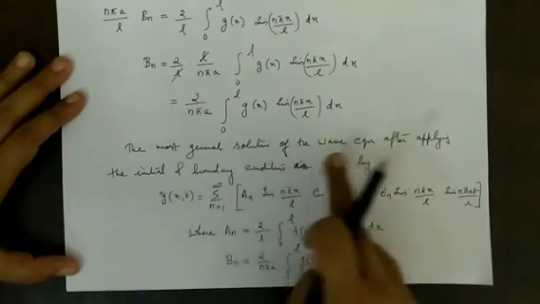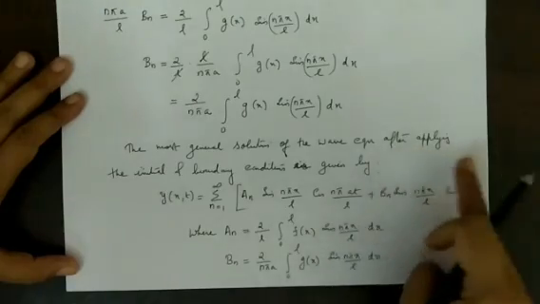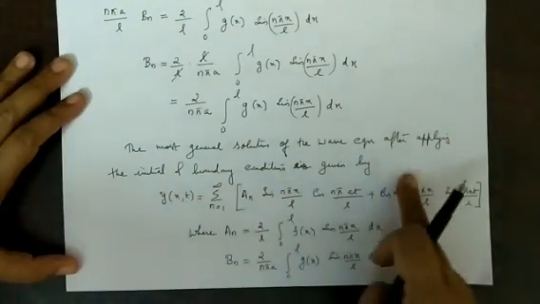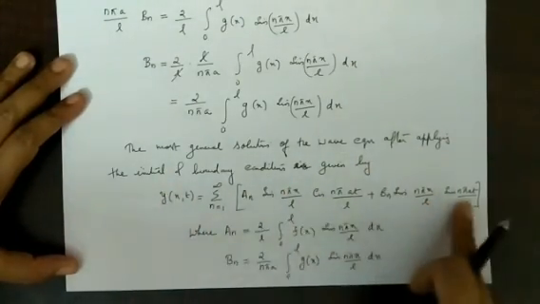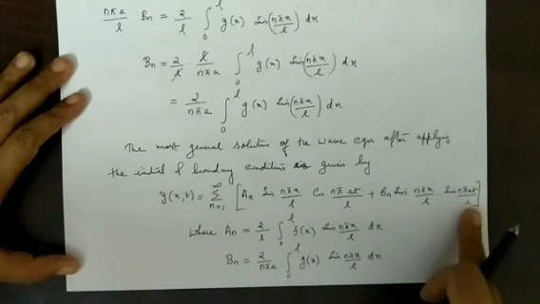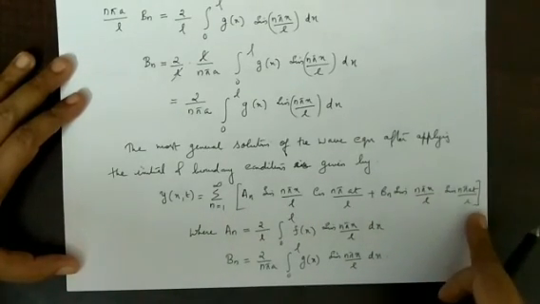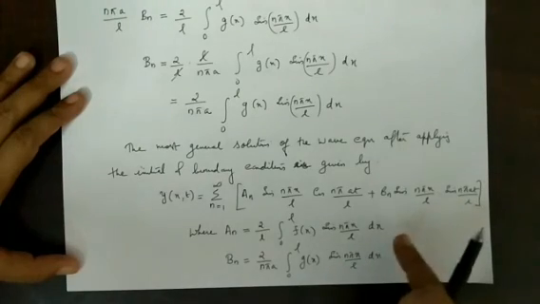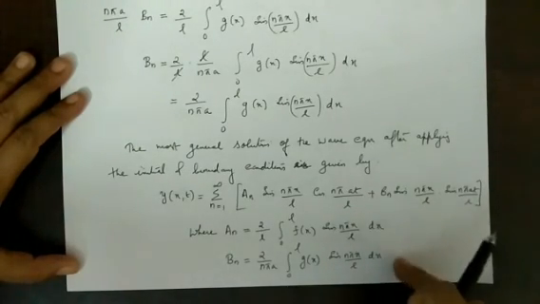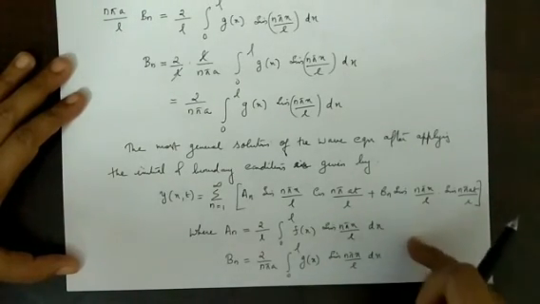Therefore, the most general solution of the wave equation after applying the initial and boundary conditions is given by y of x,t equal to this term, that is after applying the boundary condition. Then after applying initial conditions, we get the values for an and bn.